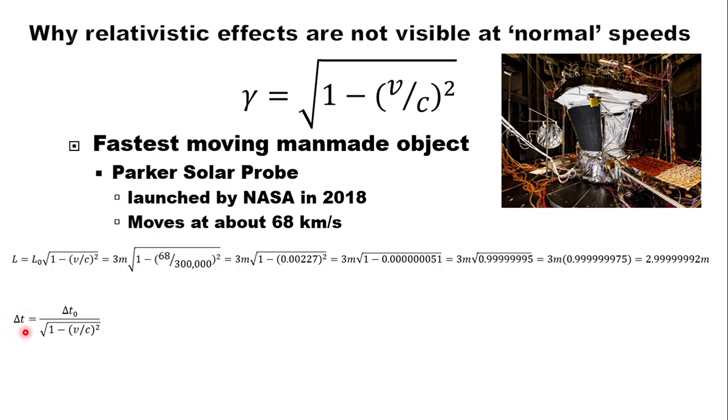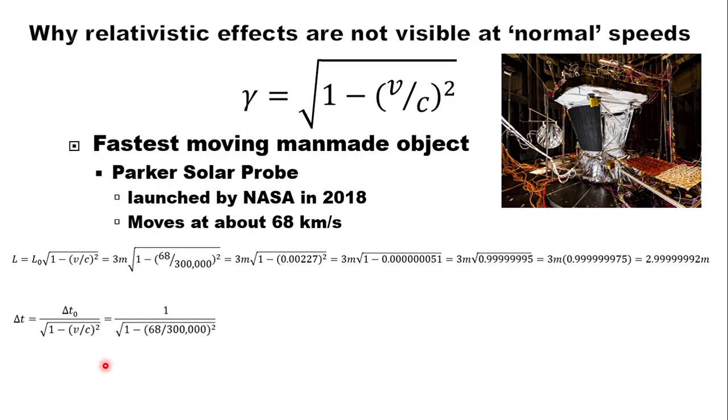This is the time as we measure it moving relative to us. This is the time at rest. And now since the time is going to become greater, it's going to be dilated, the Lorentz factor that's less than 1 has to go on the bottom here, because putting a number less than 1 as a denominator is going to make this bigger.